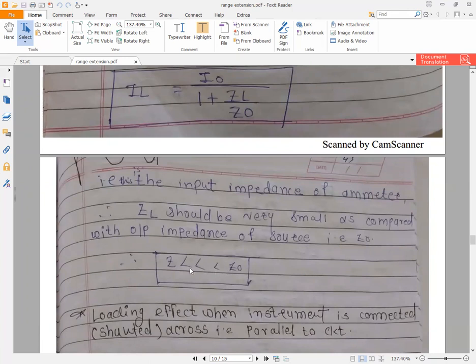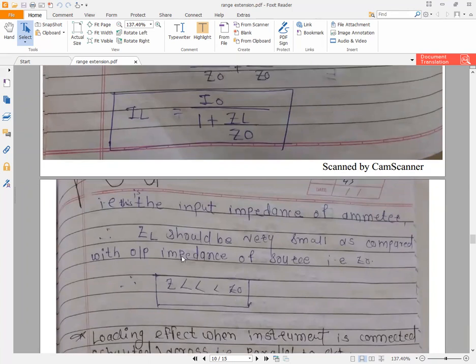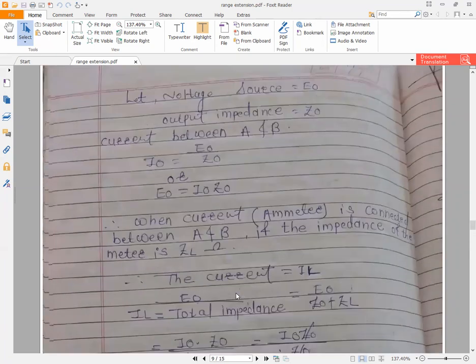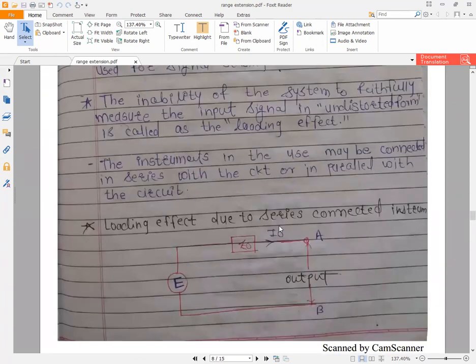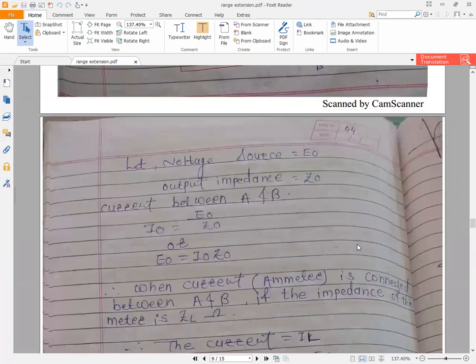So our ZL should be less than Z0, the output impedance of the source. This is the loading effect due to the series connected instrument. So it is connected in series.